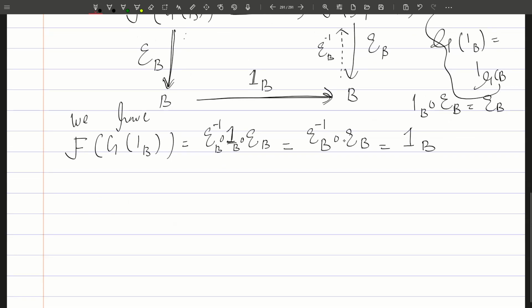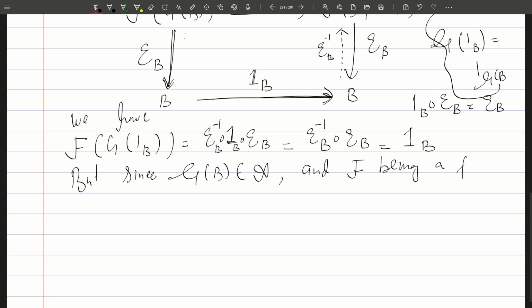But if you look at this object, it is an object in A, and the map F is a functor.